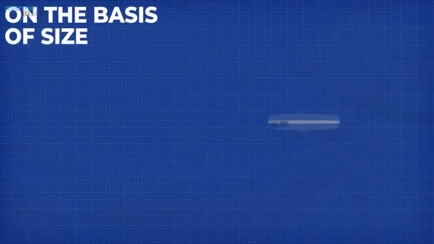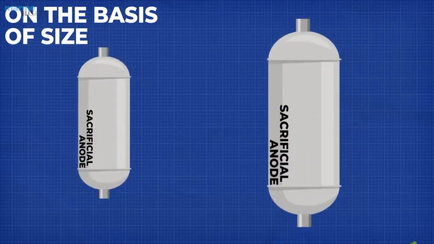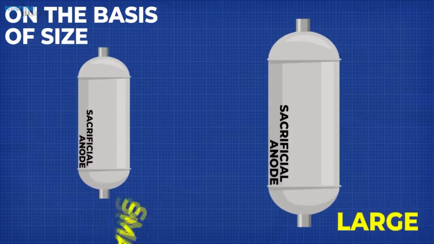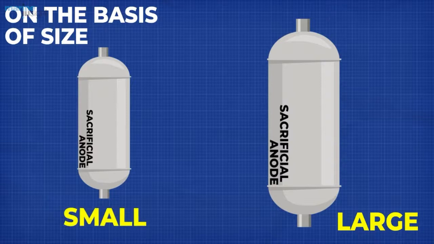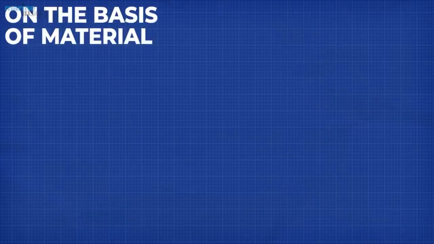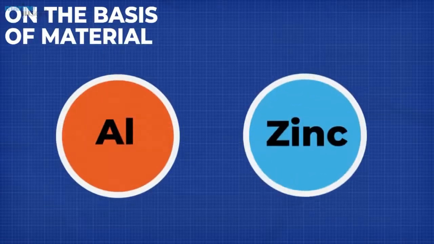Also, according to the size of anodes, they can be of 2 types: small-sized and large-sized anodes. Whereas, on the basis of material, zinc anodes and aluminium anodes are preferred in the maritime industry.